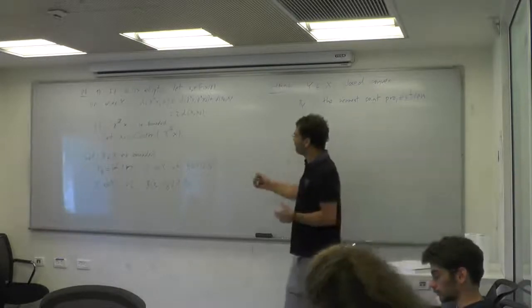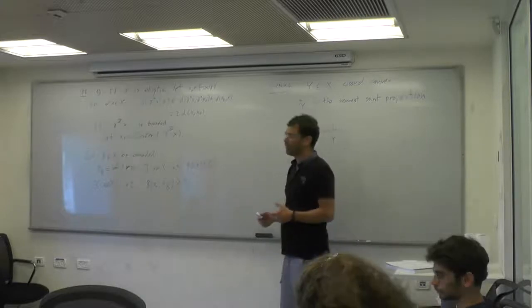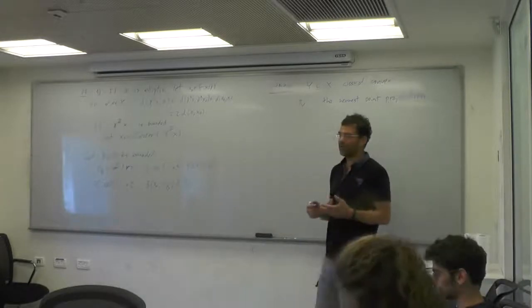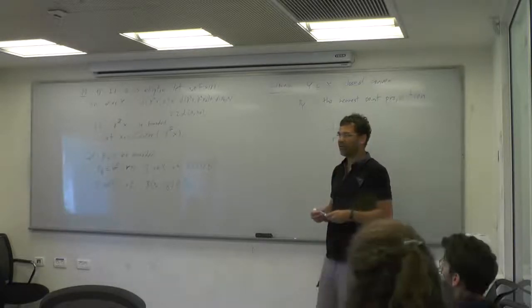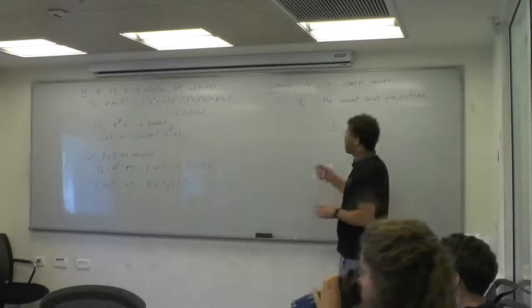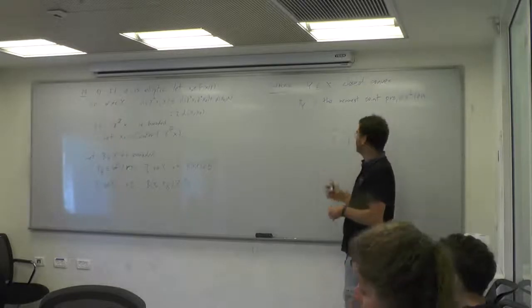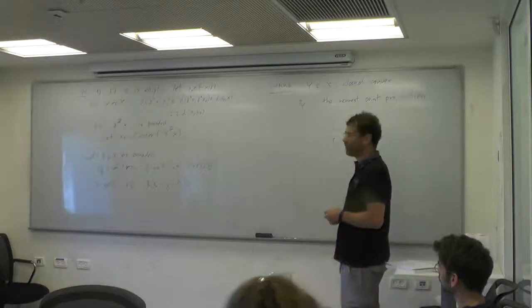Both arguments use the fact that the Hadamard manifolds are CAT(0), so the triangles in Hadamard manifolds are thinner than Euclidean triangles. But again, I don't want to spend too much time on this here.